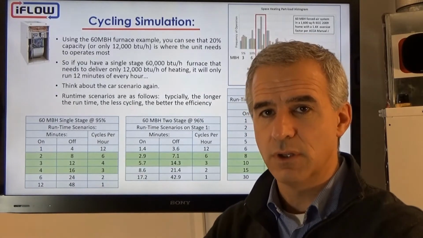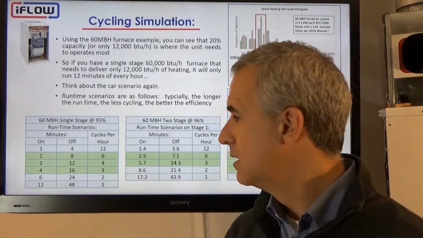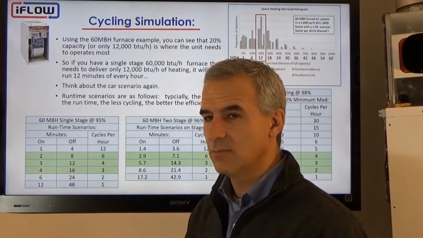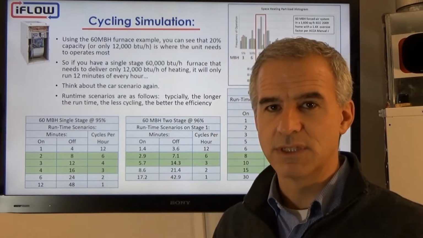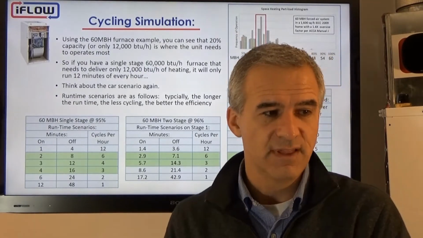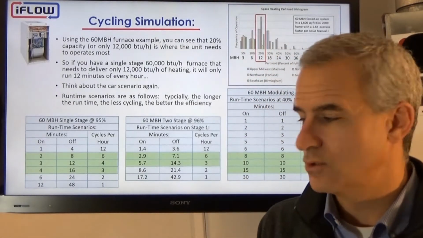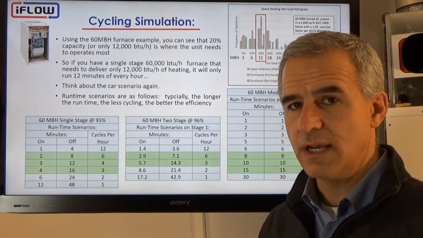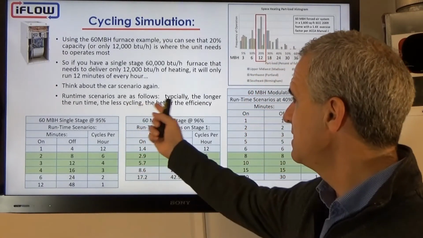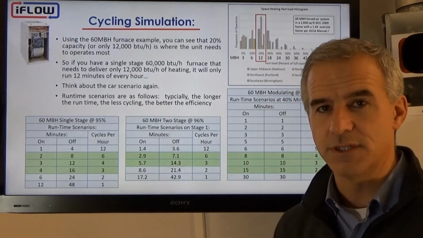If it ran for too long, you're going to overheat the space. So we run for 4 minutes at maximum, and then we put the brakes on, we stop. All of the heat that was developed in the heat exchanger has to be post-purged out, so you send all of that heat out, and your efficiency drops. So the more you cycle, the worse the situation gets, and that's why the less cycling, the better the efficiency.